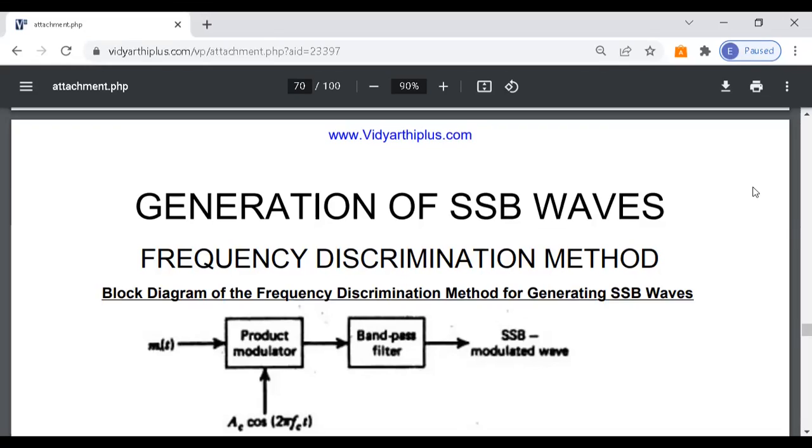So we come up with a unique way of doing the single sideband. But we don't kill one of the bands to do the single sideband.